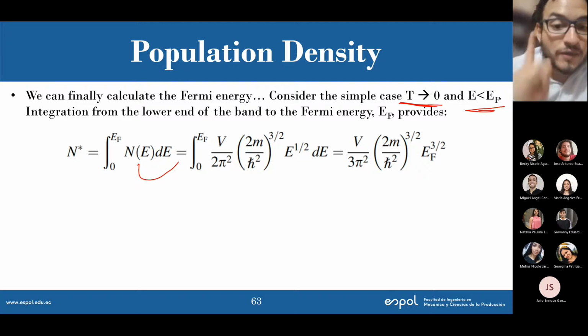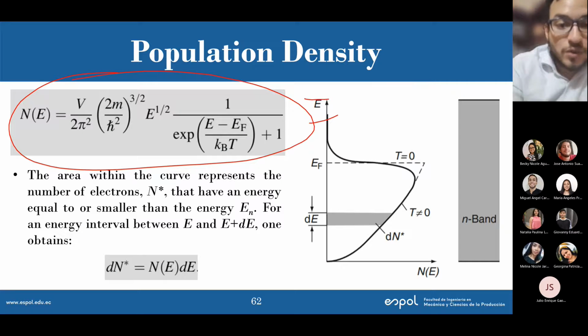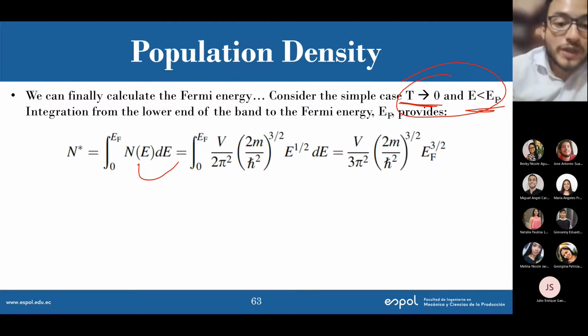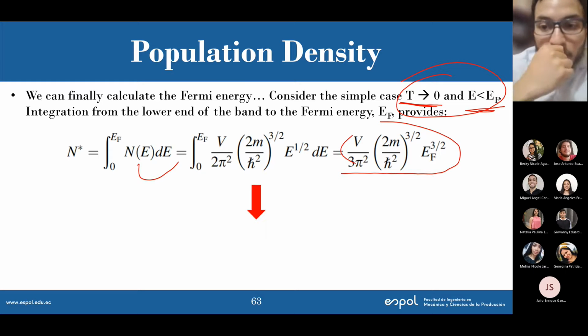So we're just integrating. If you remember, when this case happens, this becomes just equal to 2 times Z of E, right? So I'm just integrating that. You can integrate it and you'll get this answer, right? Therefore, solve for EF. So solve for the Fermi energy.